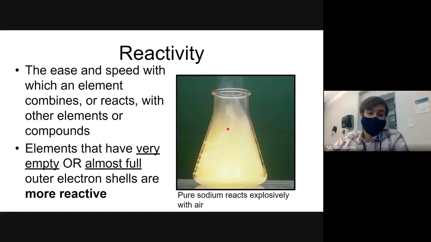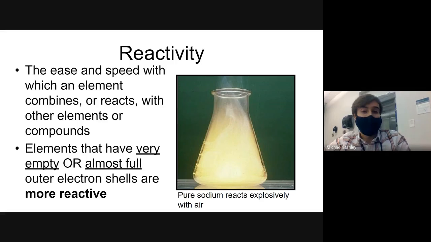So what this means is that it causes atoms to be different in one of their chemical properties called reactivity. We talked about the other week that some chemical properties of matter have to do with if an atom is more or less likely to undergo some sort of reaction with other ones.